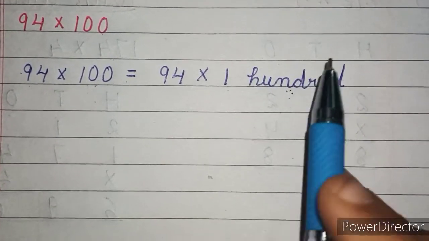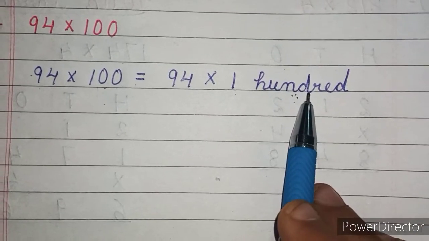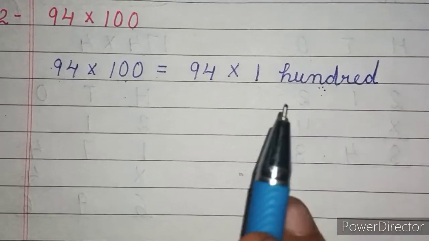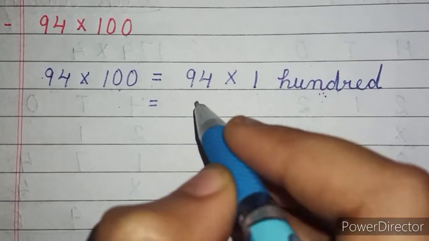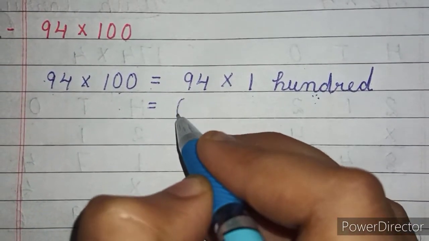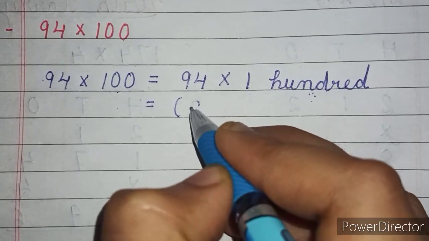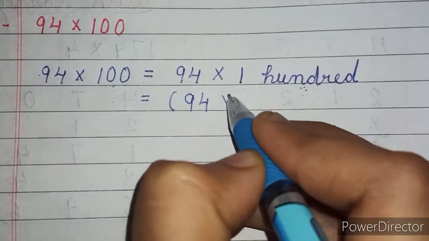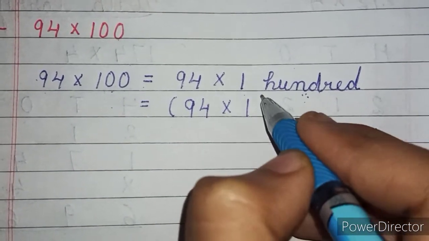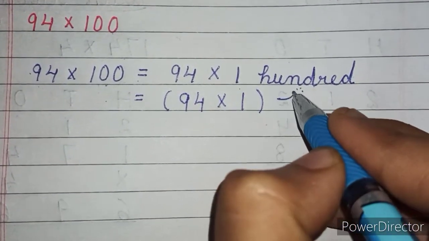So it is called one hundred. Clear, student? Now we will put is equal to, in bracket we have to write 94 multiplied by 1. Now bracket close and write 100.